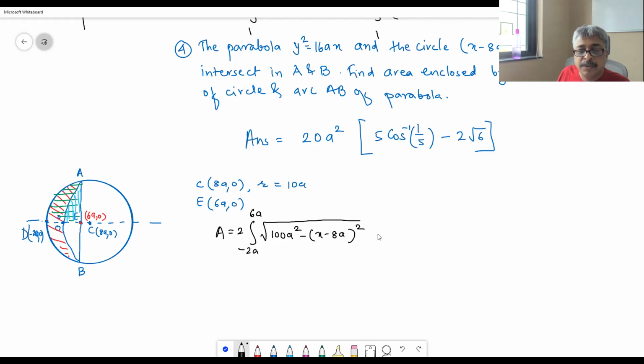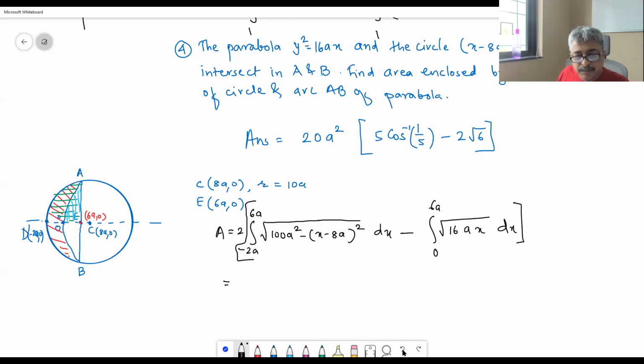So this is the area of the circle and x-axis between minus 2a to 6a, and you are supposed to subtract. Let us take this 2 out. You are supposed to subtract the integral 0 to 6a of the equation of the parabola, which is radical 16ax dx.